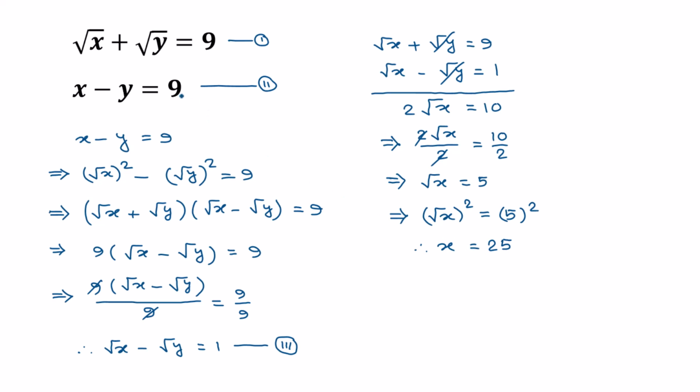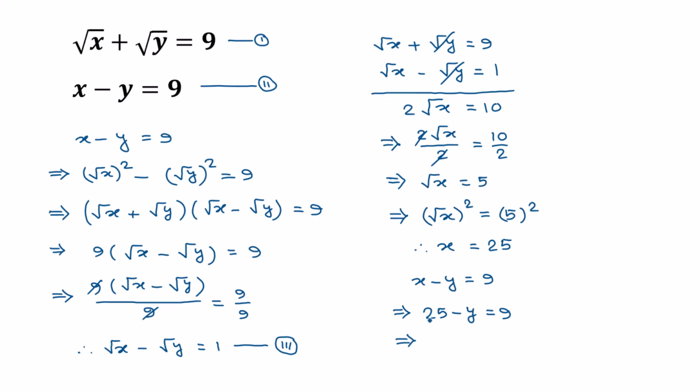Now from equation 2 we have x minus y is equal to 9. If we substitute the value of x is equal to 25 here, we will get 25 minus y is equal to 9.